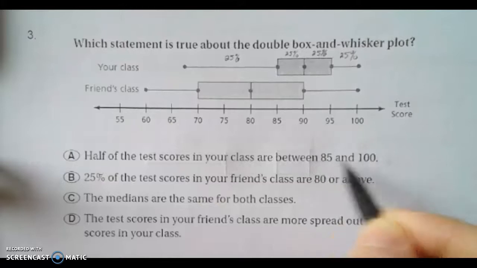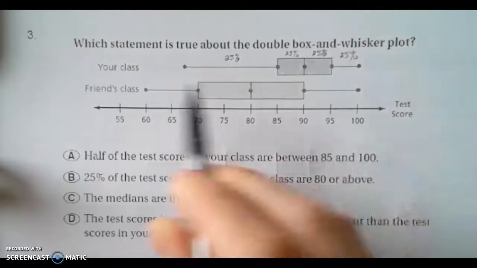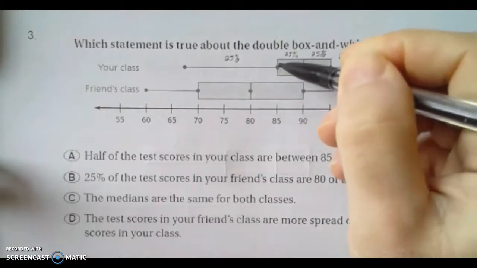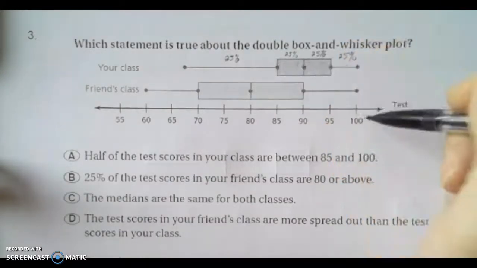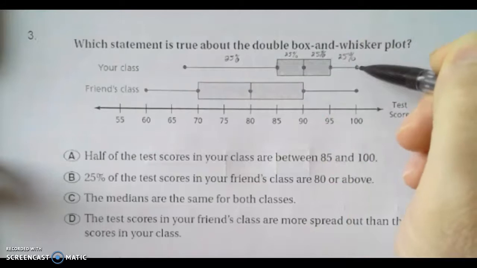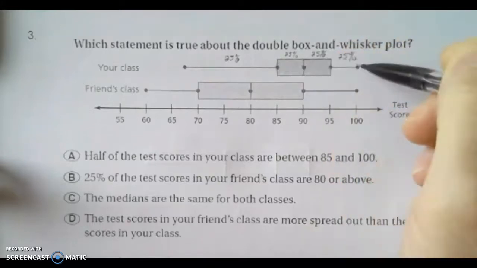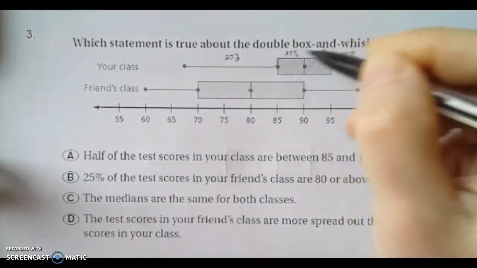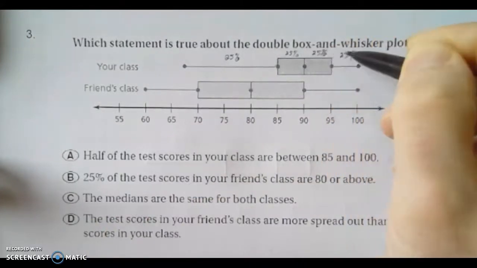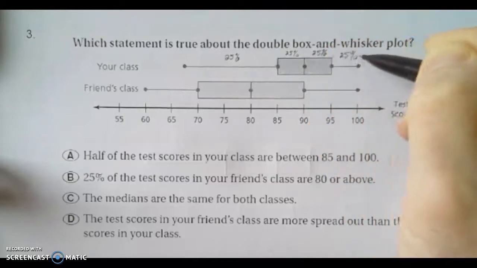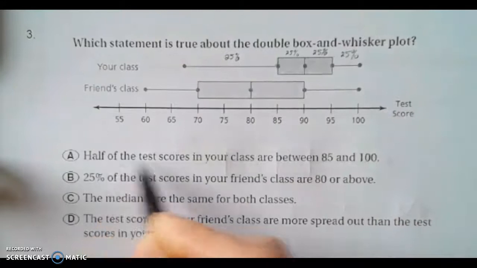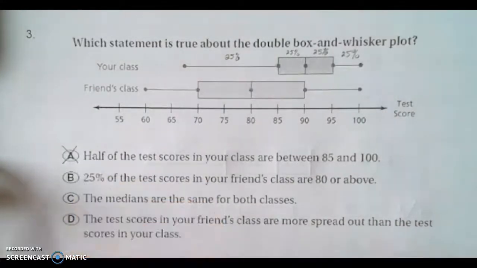Let's figure out what these values are for your class. In your class, 85 is your Q1 value, and 100 is your maximum value. Between Q1 and the maximum is 25, 50, 75% of the scores. That is not half of the test scores, it's 75%. So A is out.